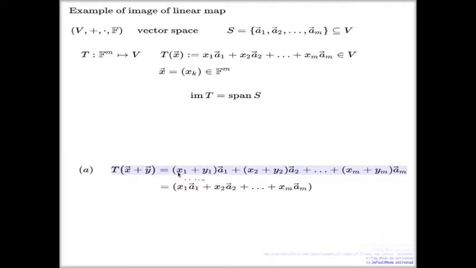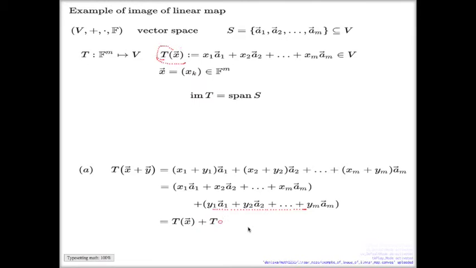We collect all of the x's in one set of brackets, and we collect all of the y's in the other set of brackets, just a pure rearrangement of vectors in my expression. And now this bracket alone is exactly T of X, and this bracket alone is exactly T of Y. And this requirement A of a linear map is verified.